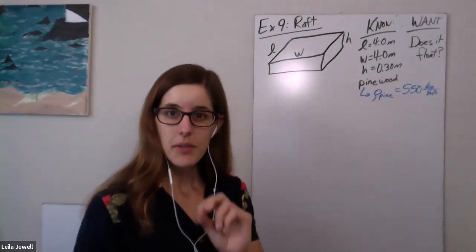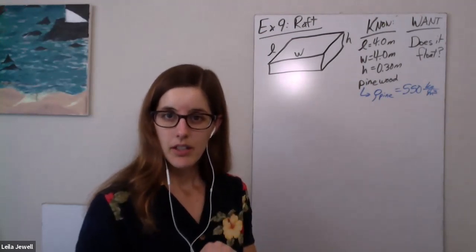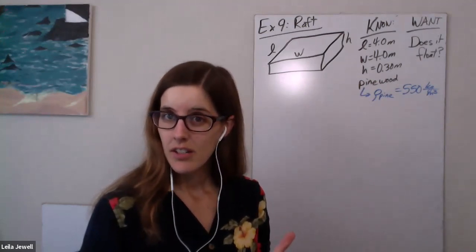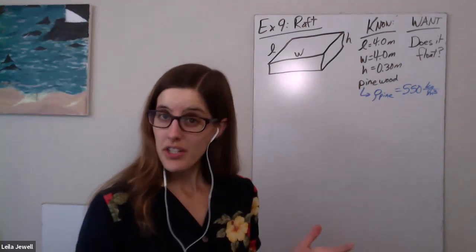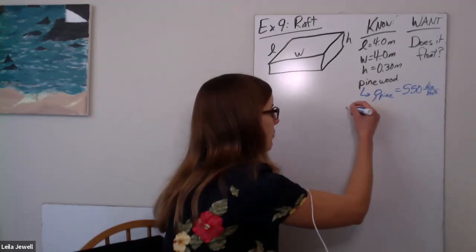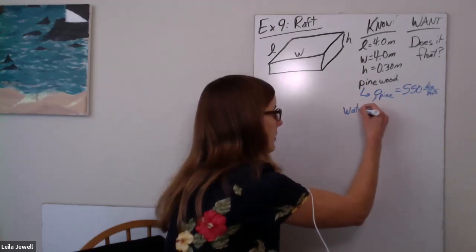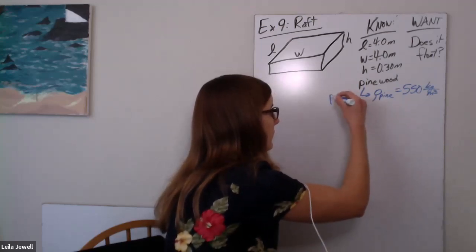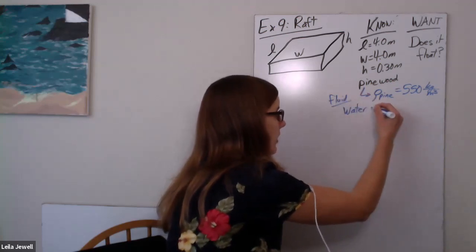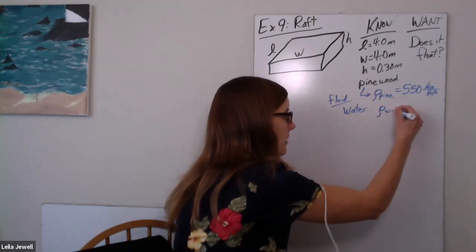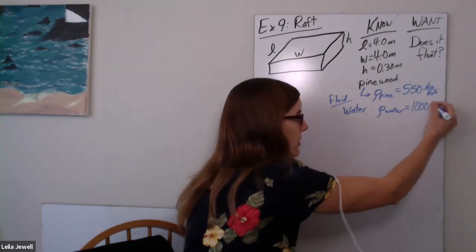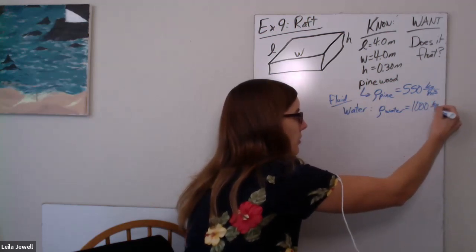Anything else that we know here? There's something else that's implied in the picture, and that's, what is the raft in? Well, since it doesn't specify, once again, we can assume that the raft is in a fluid of water. In water, we can look up the density, but that is just the 1,000, with 4 significant figures, kilograms per cubic meter.